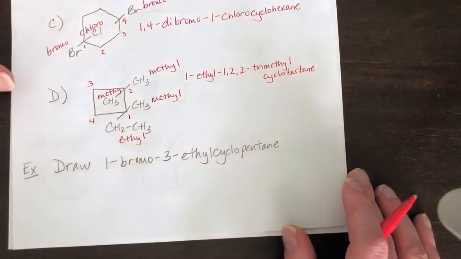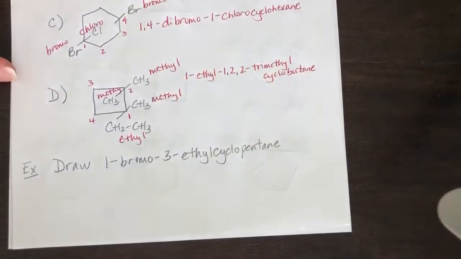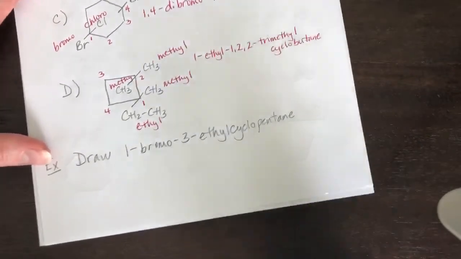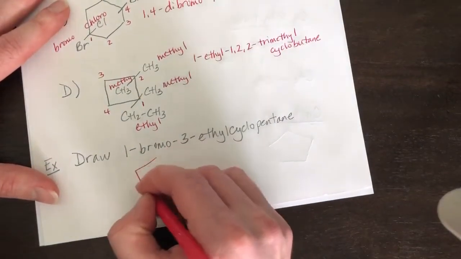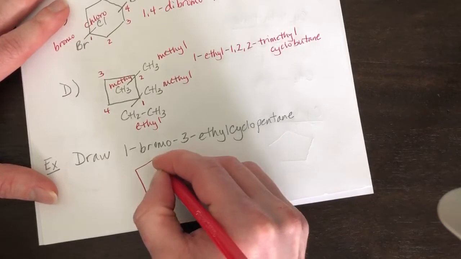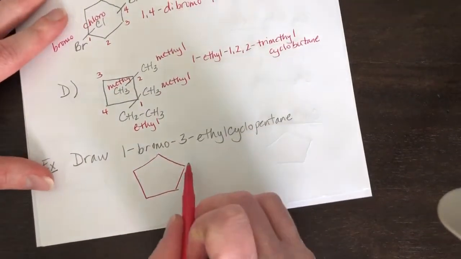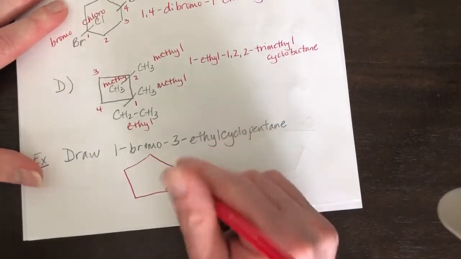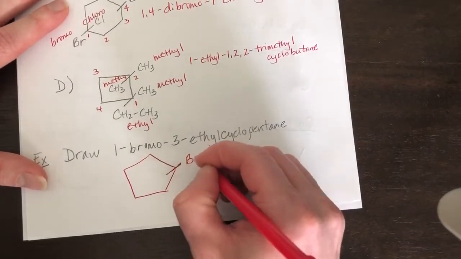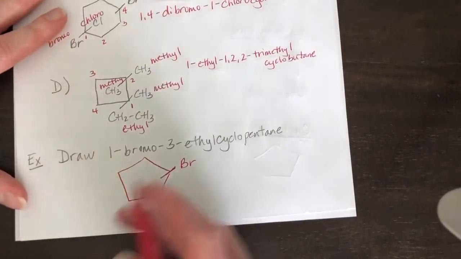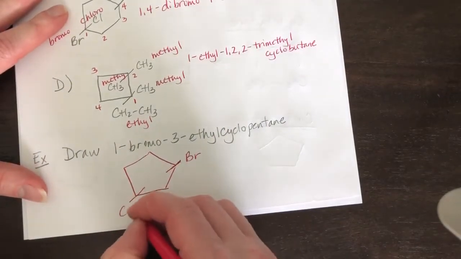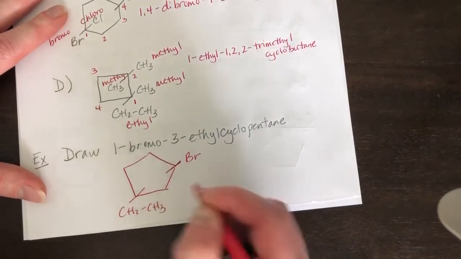Okay, it says draw 1 bromo, 3 ethyl cyclopentane. So if I'm going to draw a cyclopentane, it's going to look like a pentagon. I always like to start at this corner as my 1. So I have a bromine coming off the 1 carbon, and I have an ethyl group coming off the 3rd carbon.